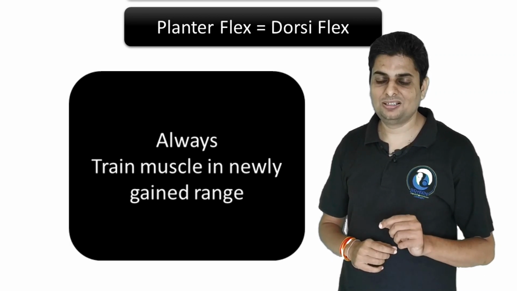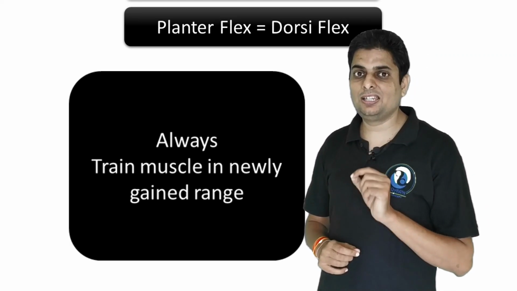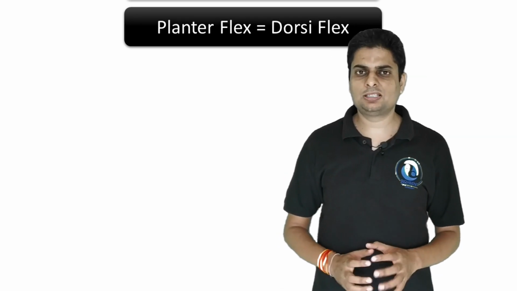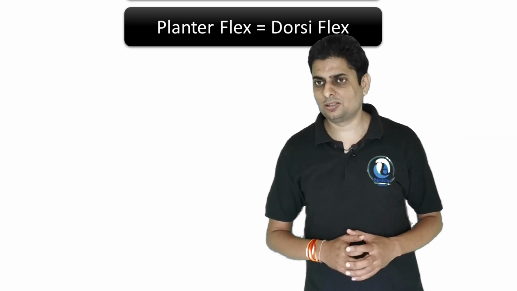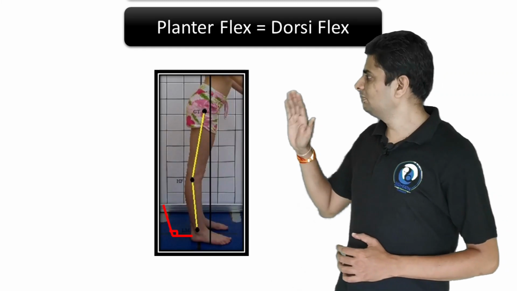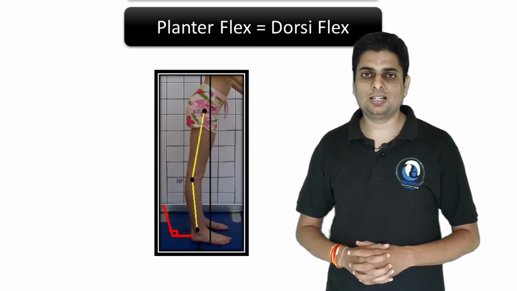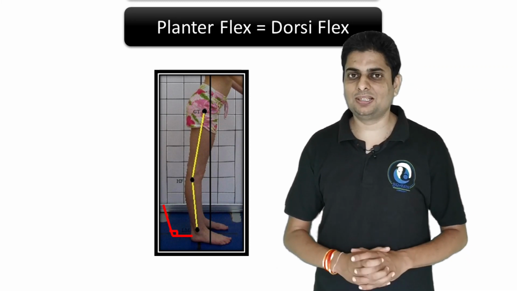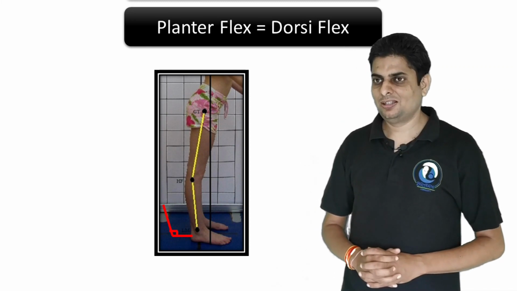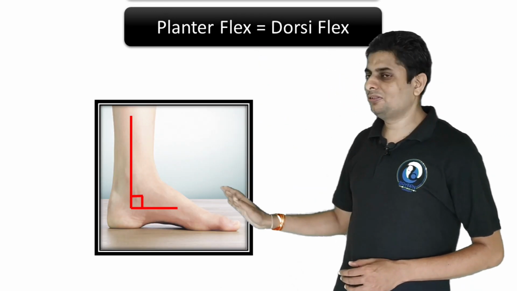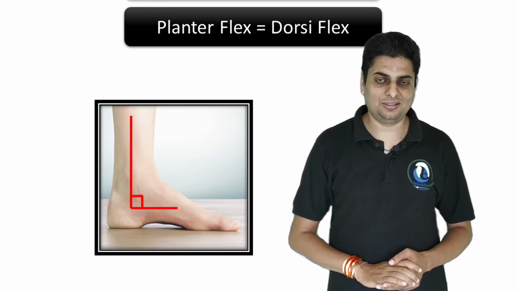If not, it will again create a recurrence. So let's take one example of the gastrocsoleus complex. If our angle is more than 90 degrees, we need to release a tight and short gastrocsoleus complex. And definitely after this release, your alignment of the tibia will become neutral.